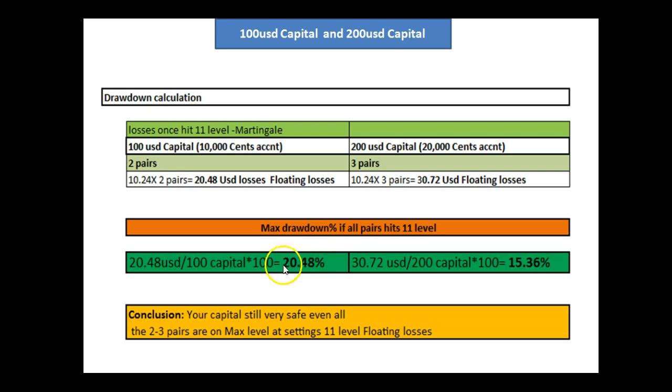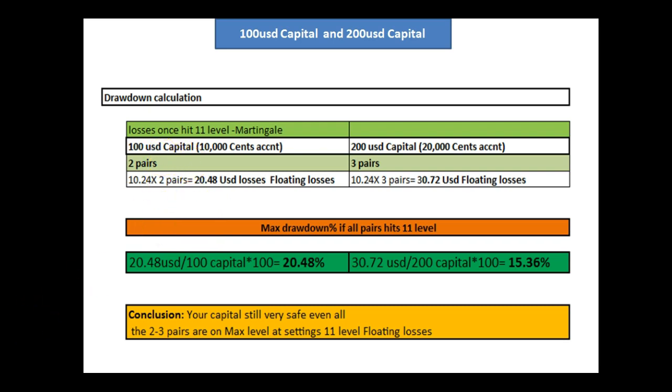So this is your maximum drawdown if the market drops until 11 levels. It's not so dangerous, because you still have about 89 point something percent to play in the market. This is why we have floating losses: we are waiting for the market to reverse back and hit our TP.